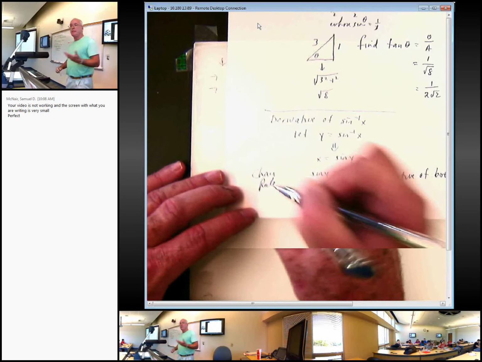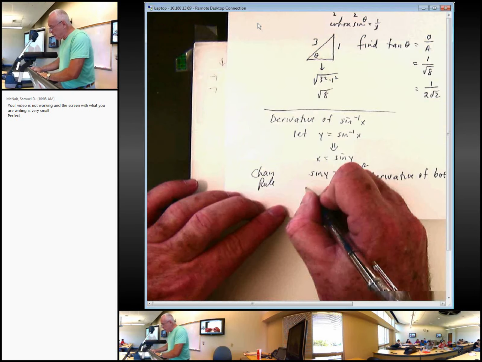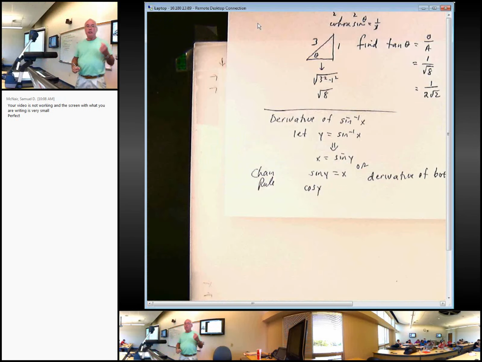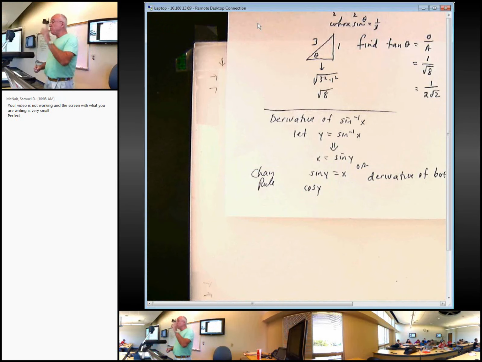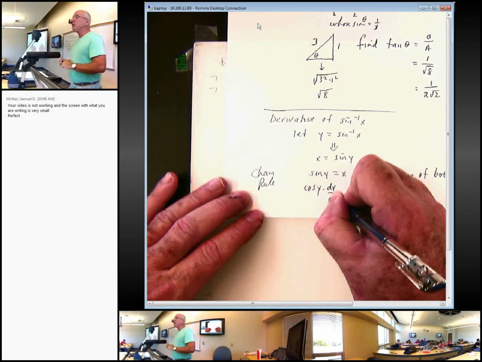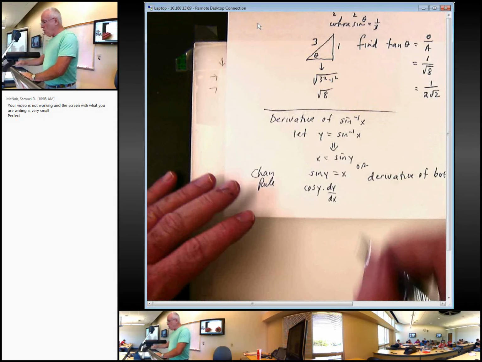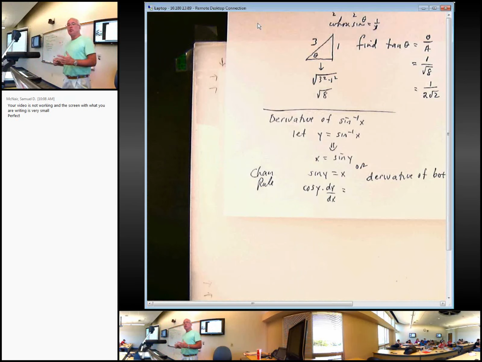Okay, the derivative of the sine is the cosine. So we're going to start out with the cosine of y, but we have to use the chain rule. We're doing the derivative with respect to x, so we have to multiply by the derivative of the inside function times dy dx, chain rule. And over on the right-hand side, the derivative of x is equal to 1.